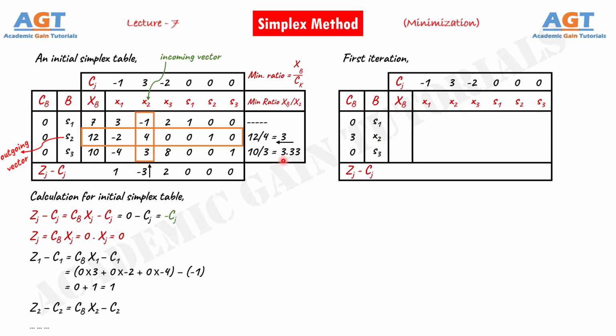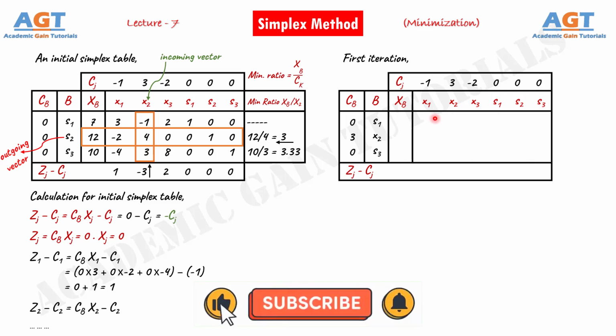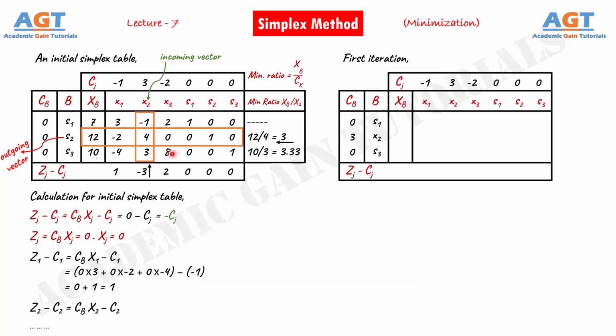In the initial table, we filled up the values very easily by looking at the matrix, but in this second table, we have to do some calculations to fill up the remaining values, and we will do the calculations by looking at table number 1. If you observe carefully, in table number 1, the basic variables were s1, s2, and s3. If you observe the values of s1 column here, we have 1, 0, 0. In the s2 column here, we have 0, 1, 0.